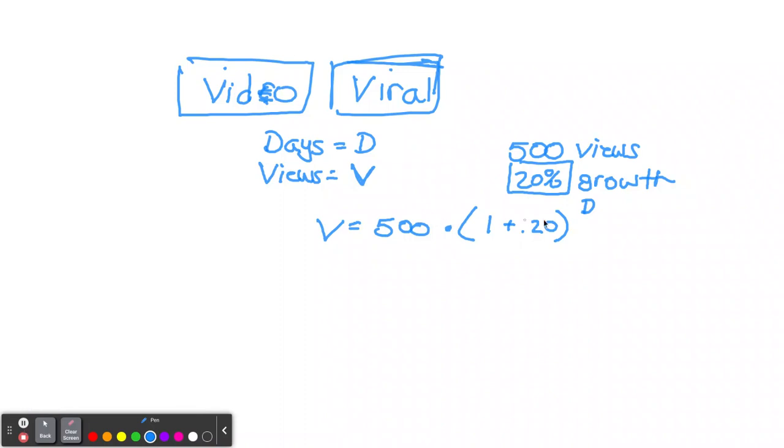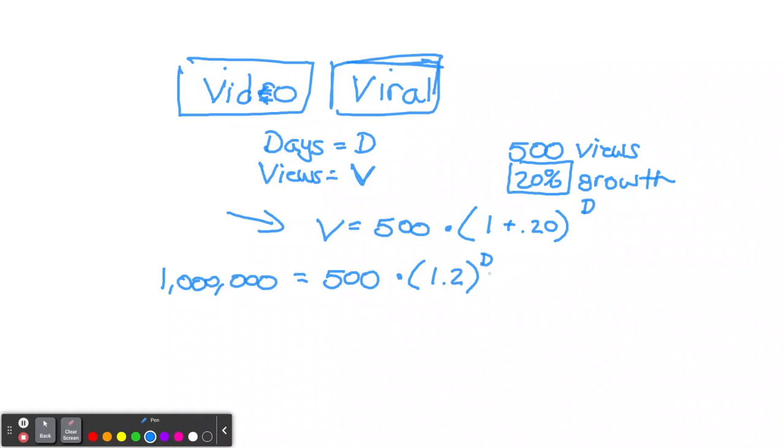Let's say we want to know when the views will be 1 million. When will it get to 1 million views? So 1 million views will equal the initial views, 500, times the rate. 1 plus 0.20 is 1.2. And so how many days would it take to get to 1 million?